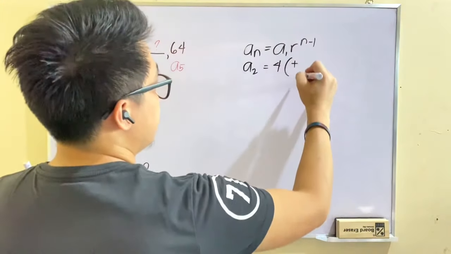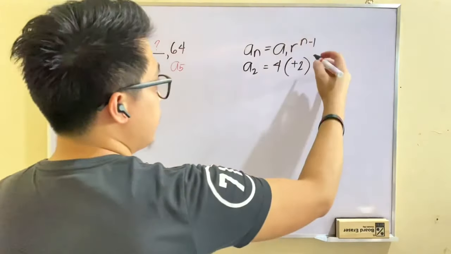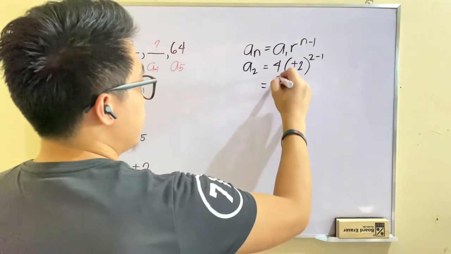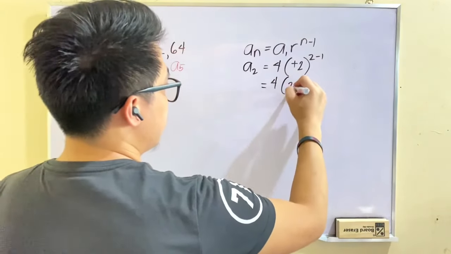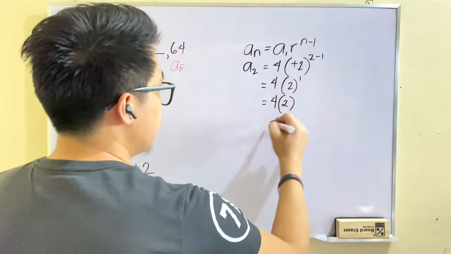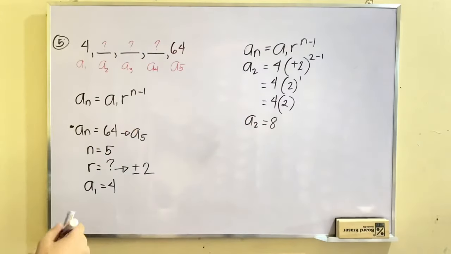So positive 2 muna. Then raised to n, which is 2 minus 1. 4 times positive 2 raised to 1. 4 times 2 is equal to 8. A sub 2. Yan yung isang condition if the ratio is positive 2.